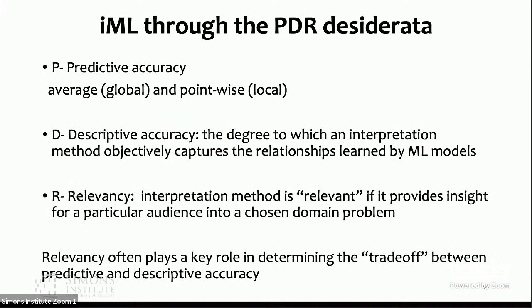And you can use global predictive accuracy. We can investigate different cases, different data points, or different images, and see how the predictions run, not just the average. And descriptive accuracy has a lot to do with the audience. And can you really capture the relationship learned by the machine learning models? And the relevancy, I think, is at the heart.